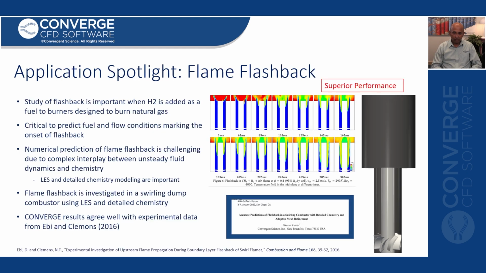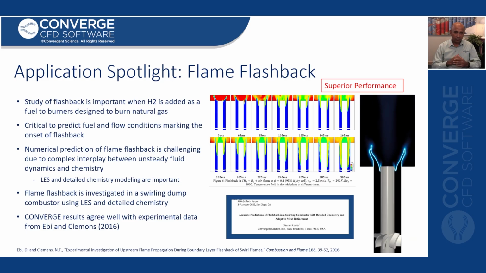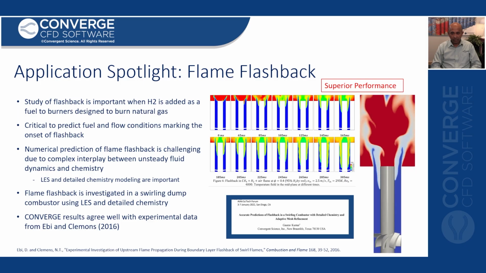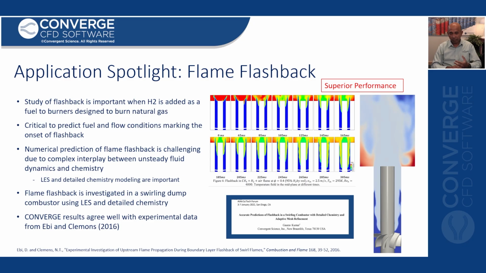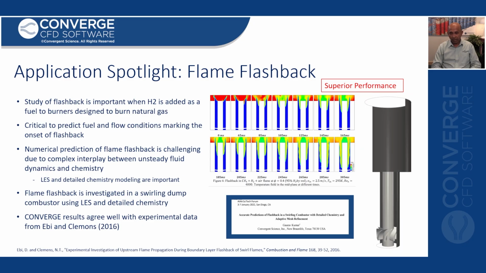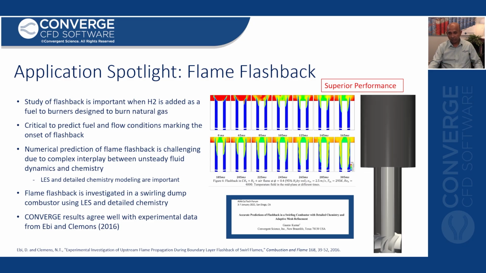Another aspect of burner design is to mitigate and avoid flame flashback. This is a study, and I'm going to now bring a series of studies that highlights different features of Converge and shows the capability to you as well. In this study, it shows for a methane, hydrogen, and air flame how under certain conditions, flame flashback can occur.